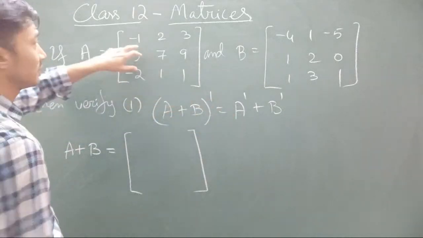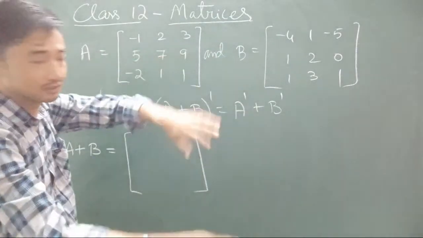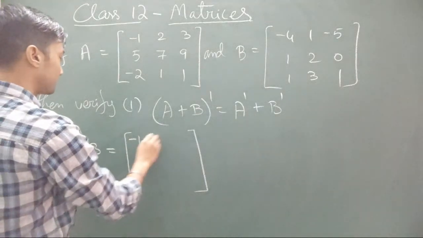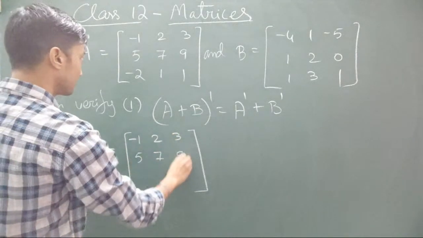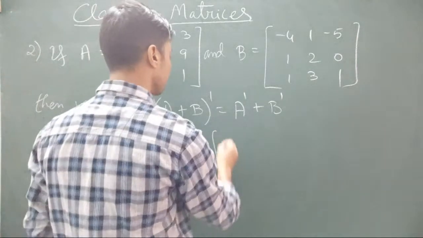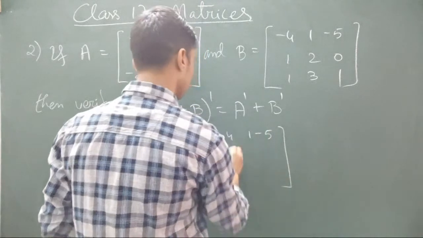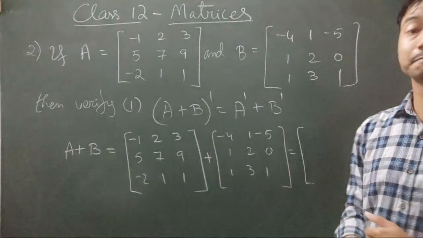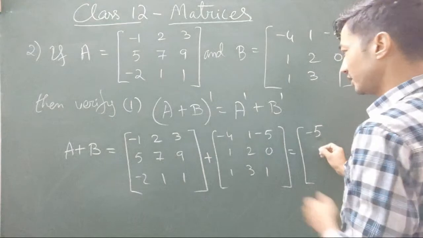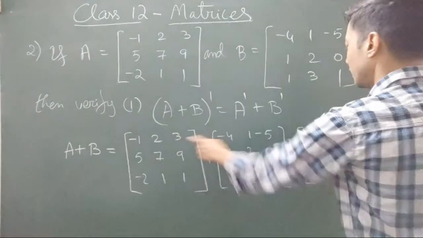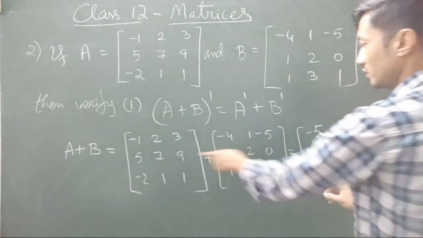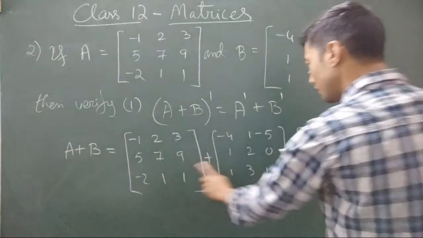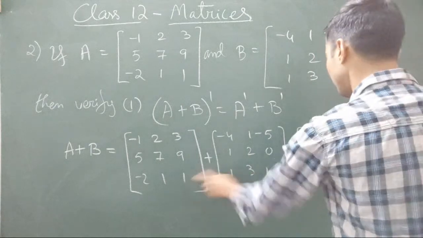Let's not write down all the steps. So A plus B: if we add -1, -4, -5; 2 plus 1, 3; 3 minus 5, -2; 5 plus 1, 6; 7 plus 2, 9; 9 plus 0, 9; -2 plus 1, -1; 1 plus 3, 4; 1 plus 1, 2.